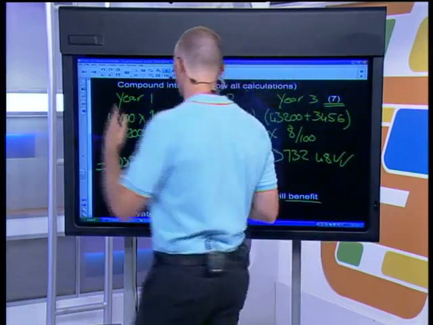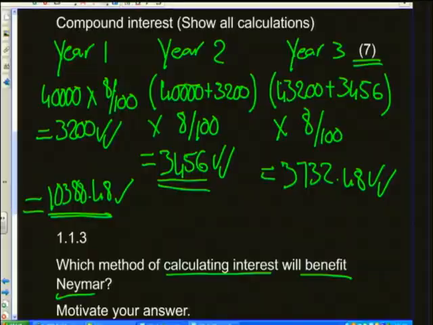So if we go back to that question, in year 1, we had 40,000 and we earned 3,200 Rands worth of interest in year 1. That means that's how much money we have after year 1. We've got 43,200 Rand in our investment.